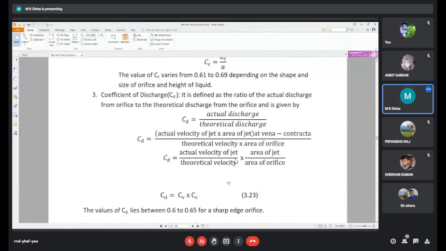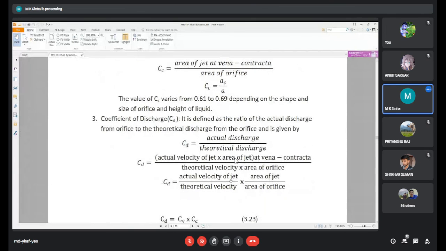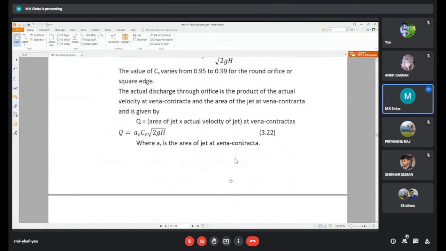That's all. So this is 0.6 to 0.65, 0.61 to 0.69. These ranges are the same, but when you have to differentiate all these things, you must apply your common sense, then you can differentiate. In the examination, sometimes the coefficient of velocity, contraction or discharge may not be given; then you should always take roughly the standard data, but not absurd data.